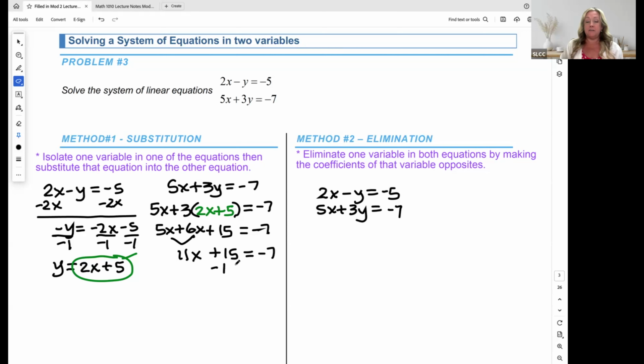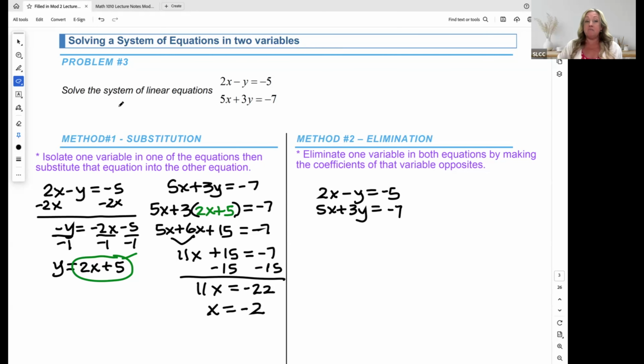Now let's subtract our 15 from the other side. So we end up with 11x equals negative 22. And if I divide both sides by 11, I get x equals negative 2.